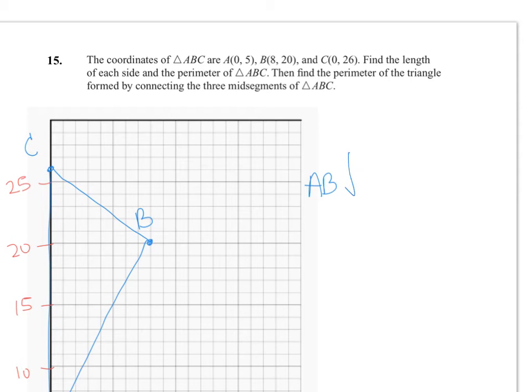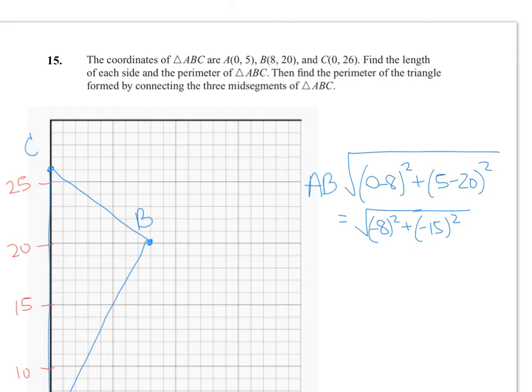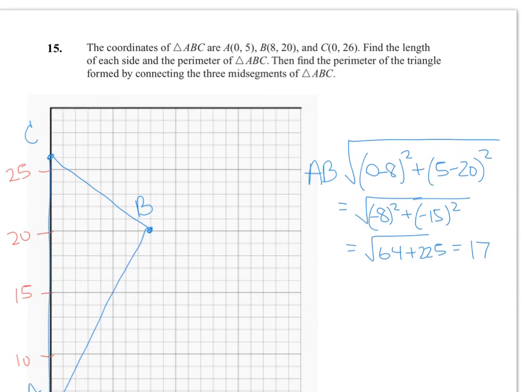Call the distance formula. Difference in the x's plus difference in the y's, each of them squared. And that's 289, which is square root 17.